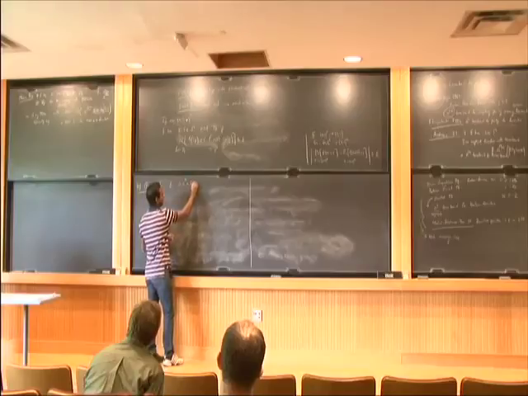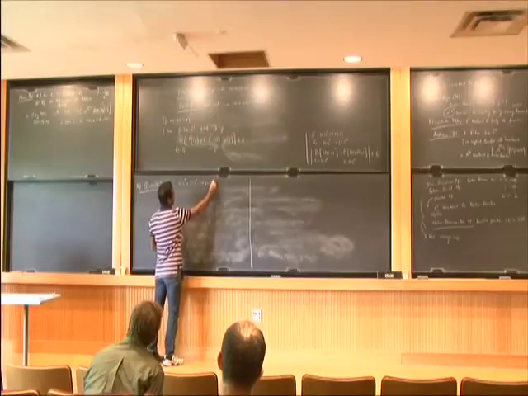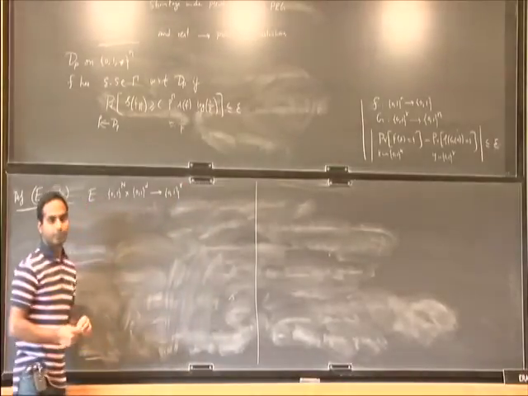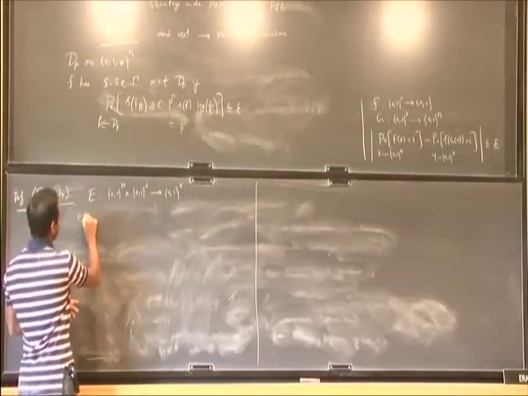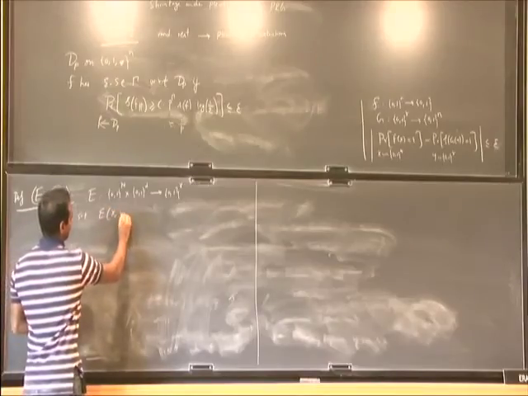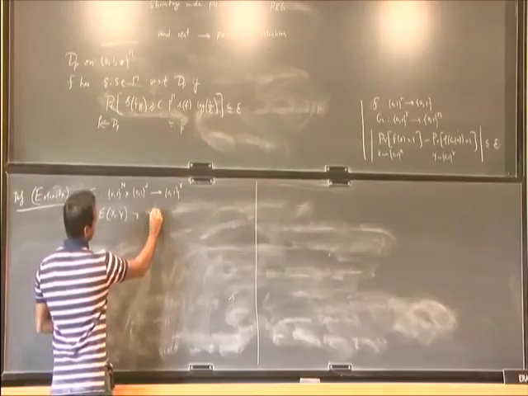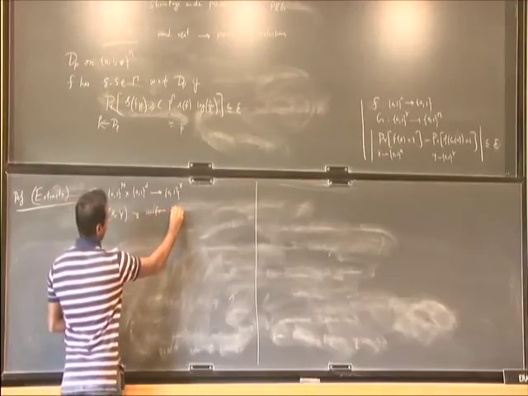So an extractor is basically a function which maps n bits, a long string of length n, and a short seed, and it's supposed to give you something uniform, such that E(x, y) is epsilon close to uniform.